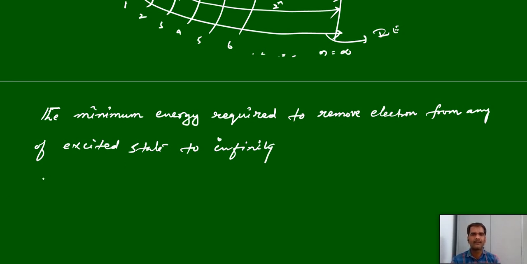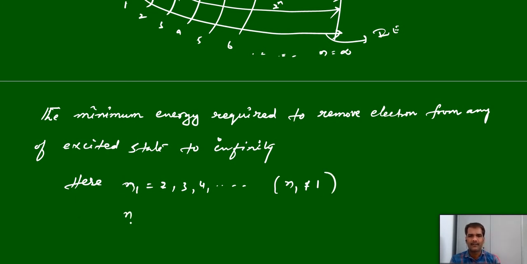That we can call binding energy. So in case of binding energy, N1 is equal to 2, 3, 4, and so on. But one important point here, N1 should not be equal to 1. Then N2 is equal to infinity.